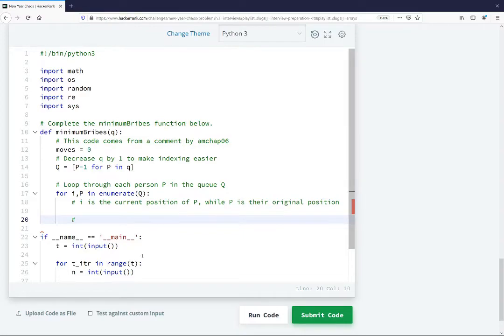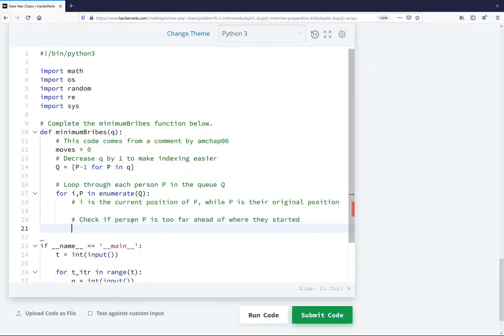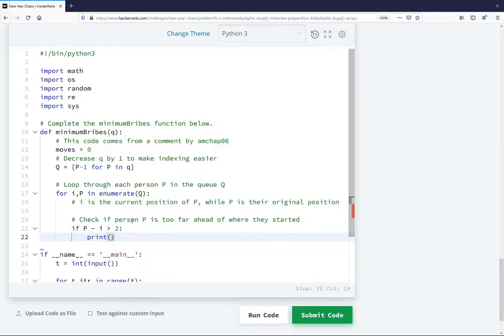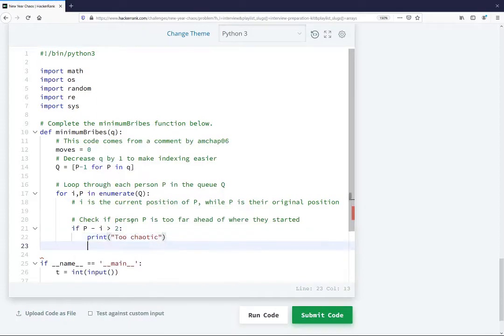All right, so what we're going to do is check if person P is too far ahead of where they started. So if P minus I is greater than 2, then we print out too chaotic. And then we return since we're done. So right, we have to check. P, remember, is the person's current position, and I is their initial position.